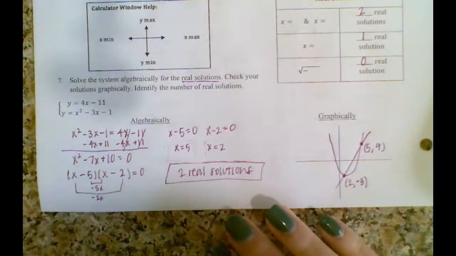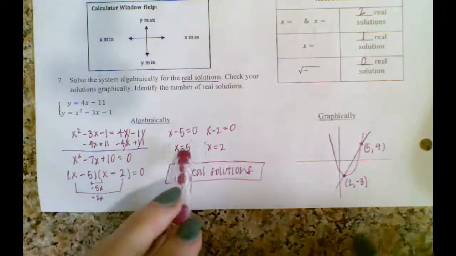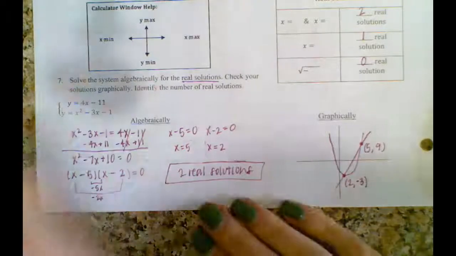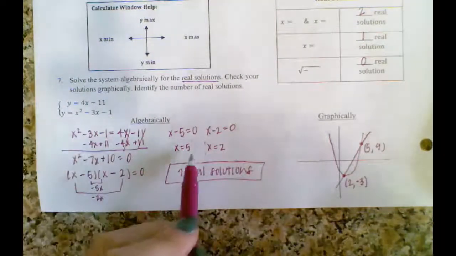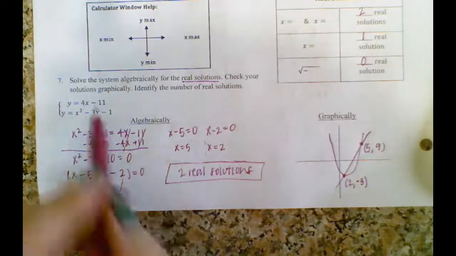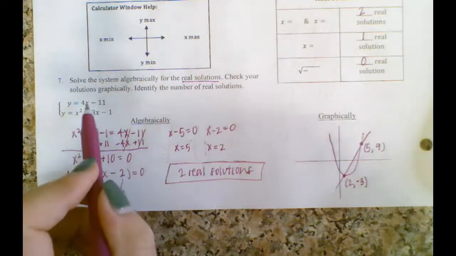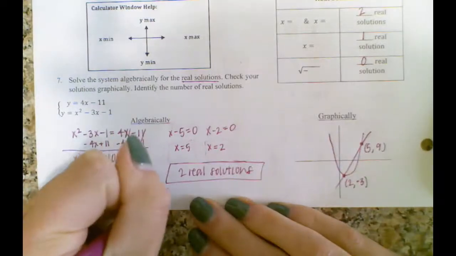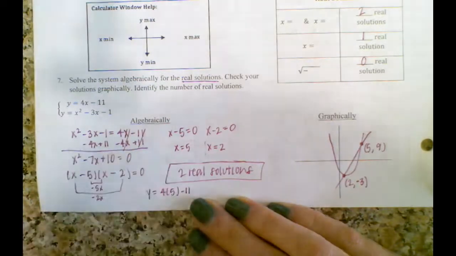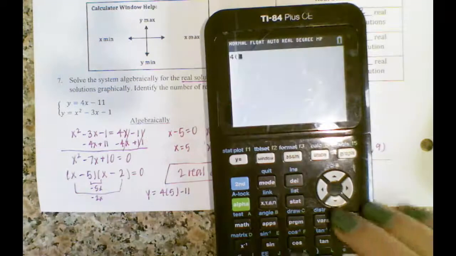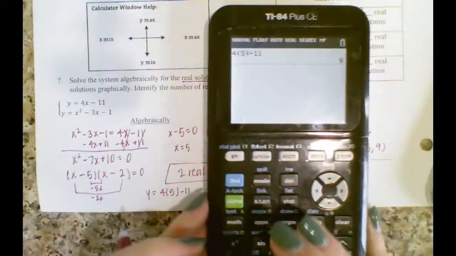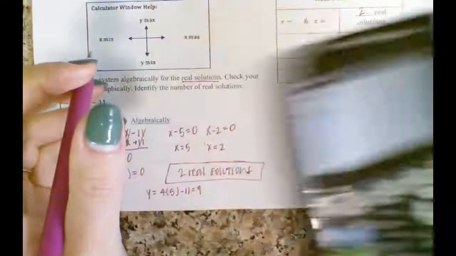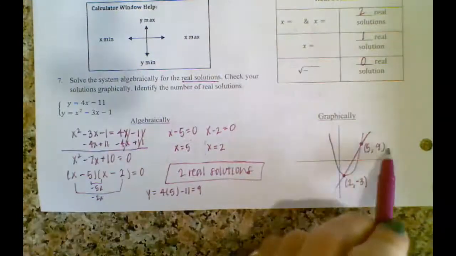Alrighty, so let's go back and show the math. We know that for 5, we should get 9, and for 2, we should get -3, but let's show that work. You can show that work by simply plugging in this x value into either equation. I'm going to do the linear because I think it's going to be less math. So y is going to equal 4 times 5 minus 11, which is 9, and that makes sense because we have a coordinate point 5, 9.